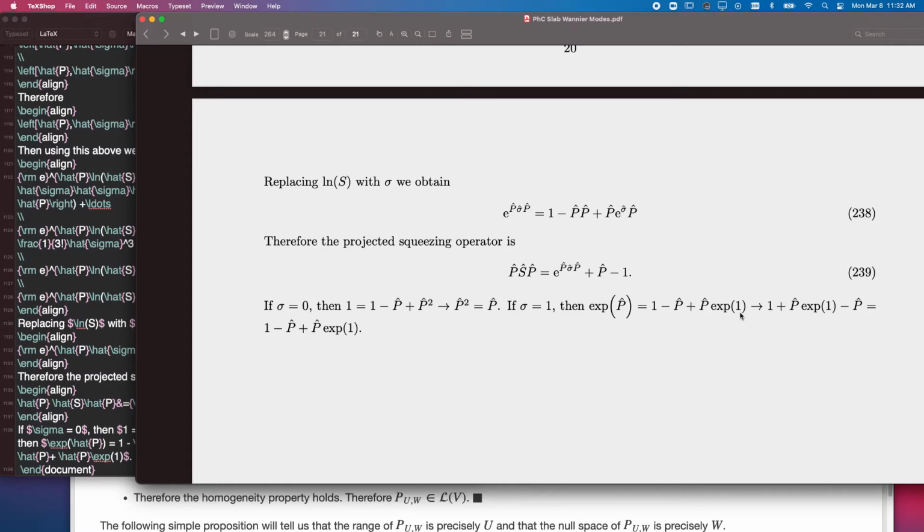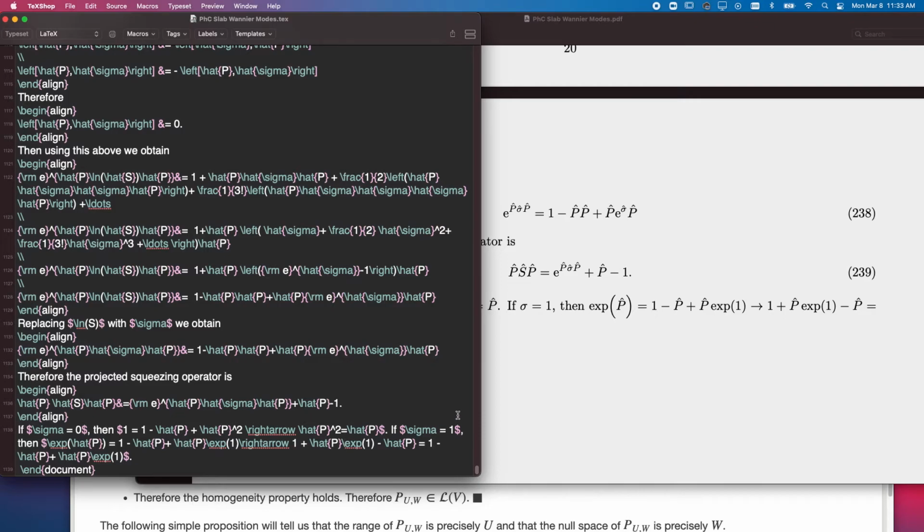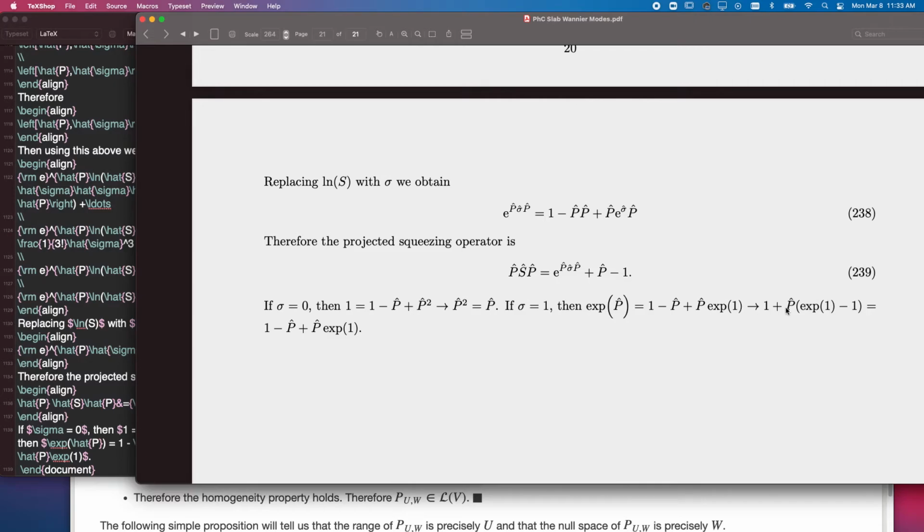If I expand this exponent, I get 1 plus p times the exponent minus 1, because I have the sum from 1 to infinity.